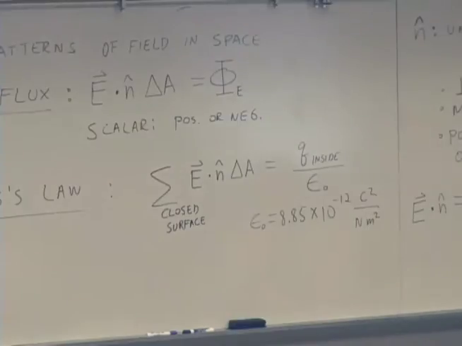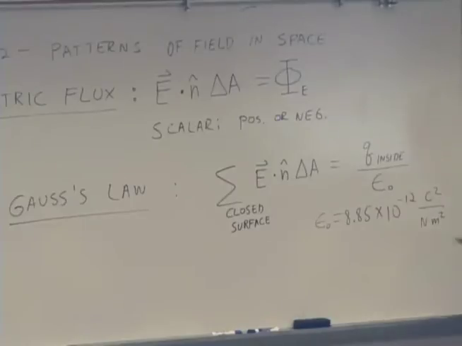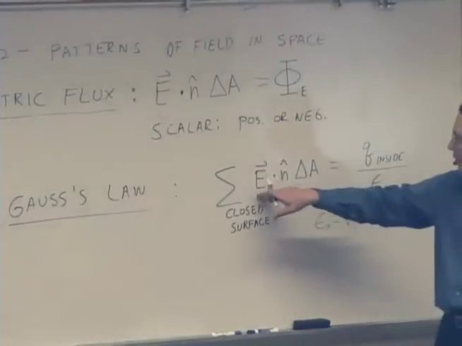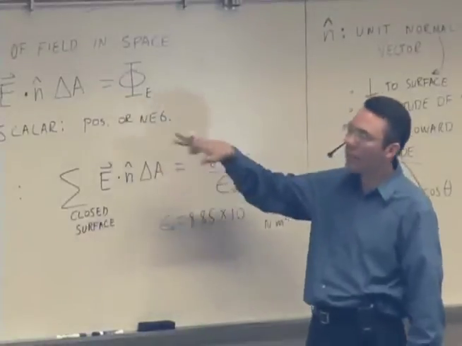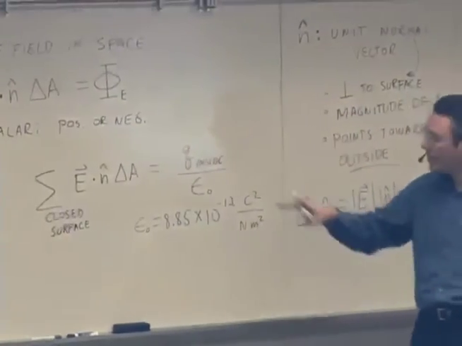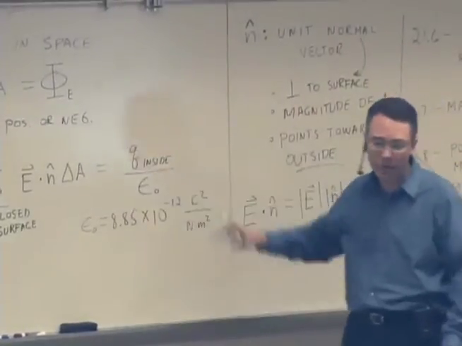So this is exactly what we were gearing up for. We have a quantity now which tells us some relationship between the electric field, the area, and the direction, and when you add it all up over the closed surface, it tells you about the charge inside the closed surface. Okay?